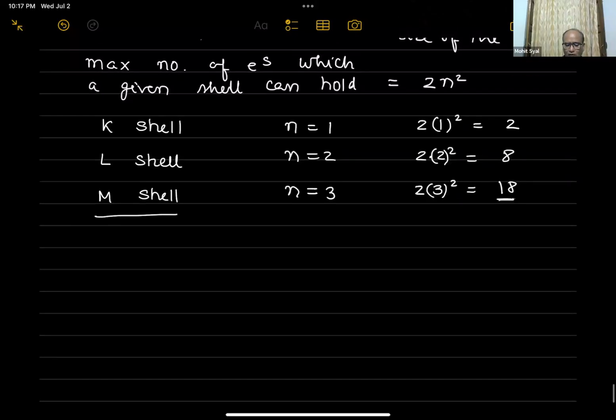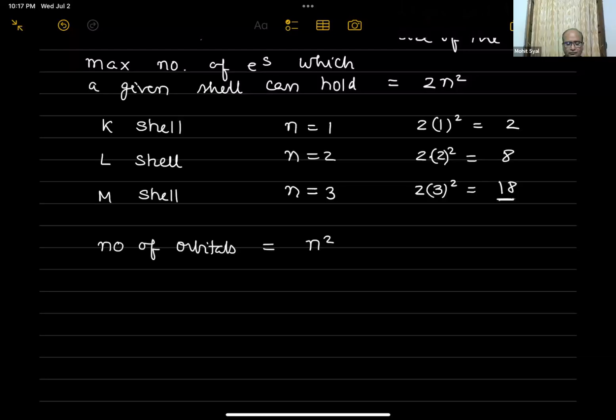So how many orbitals will be there? The next thing we can figure out is that the number of orbitals is equal to n square. Each orbital can hold 2 electrons.